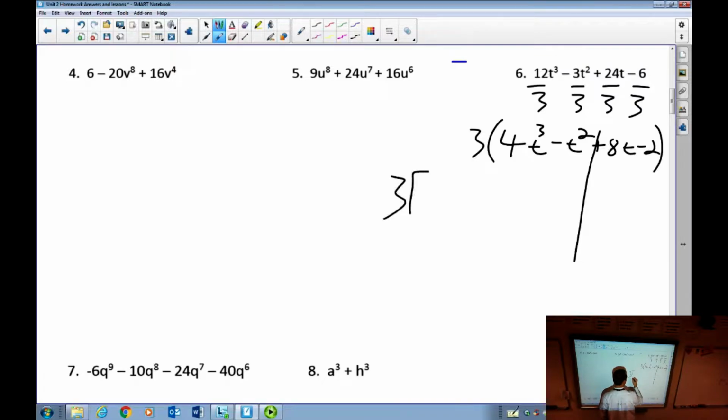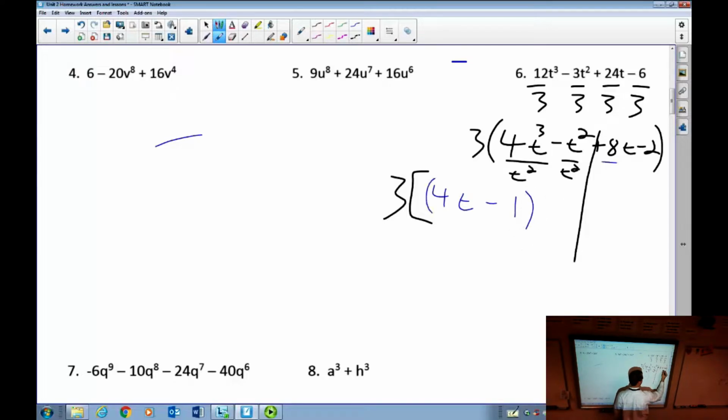So with that 3 pulled out, we're going to be able to pull out a t squared. Okay, so then we end up with just 4t, minus 1, in parentheses.